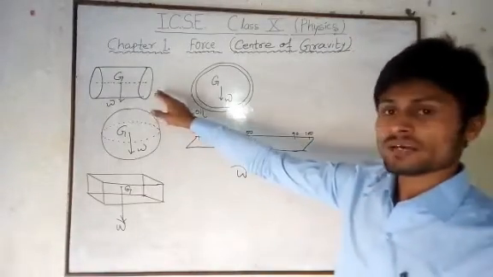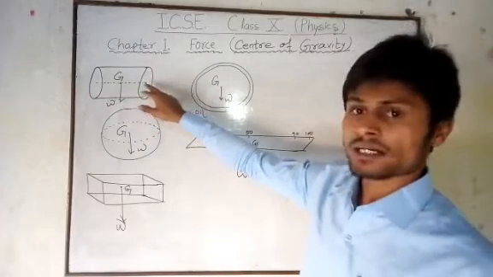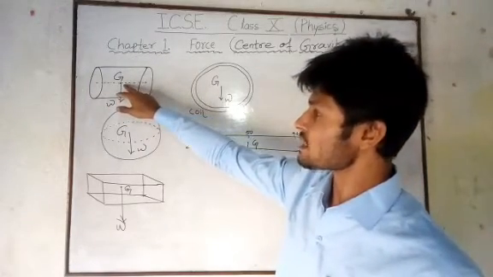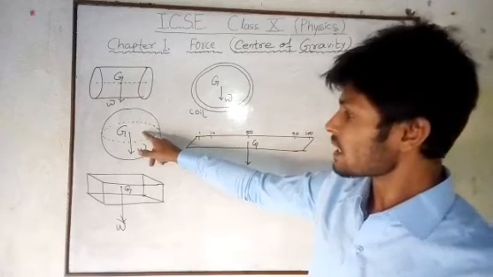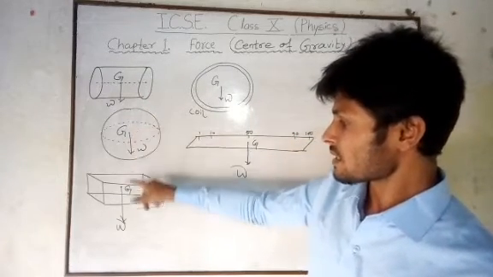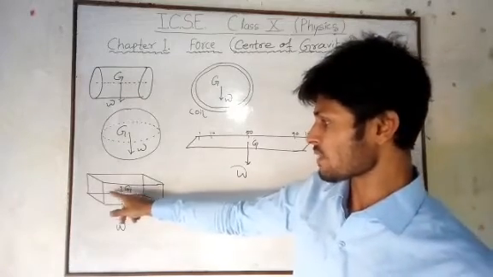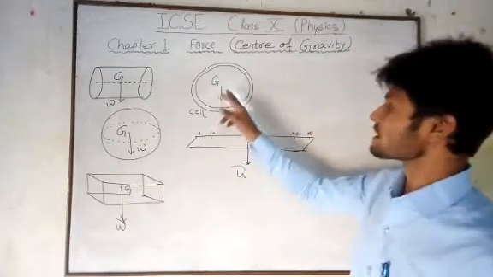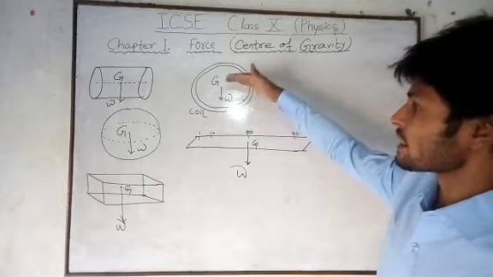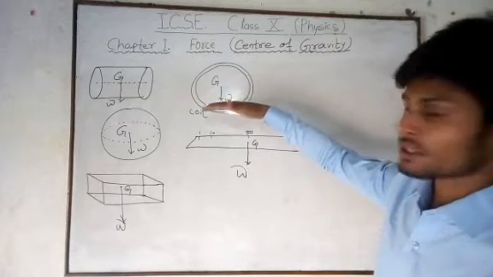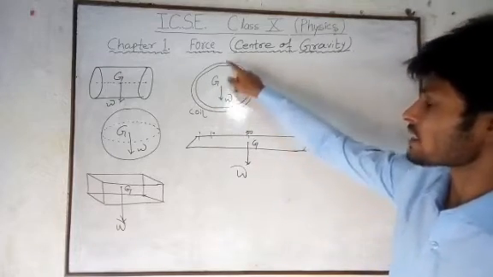Here are some shapes. This one is a cylindrical body. Its center of gravity is on the axis, in the middle of the central axis. This is a sphere. Its center of gravity is at the center. This is a cuboid. Its center of gravity is the point where the diagonals intersect. And this one represents a coil-shaped body. When it is on a horizontal plane, its center of gravity is at the center.